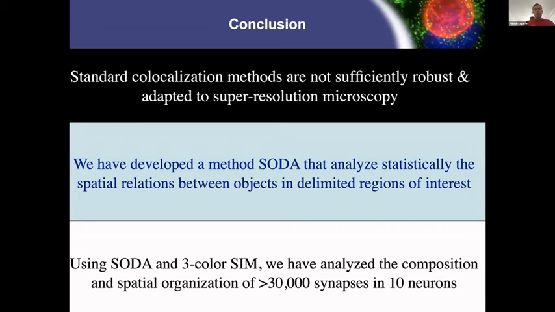And can I map which are my localizations or my objects that are single or coupled? And so this is why we have developed this statistical analysis at different distances and implemented it in Icy to really get statistical information at different distances between different objects. And this works in wide field, confocal, SIM, or localization-based microscopy in 2D and 3D.